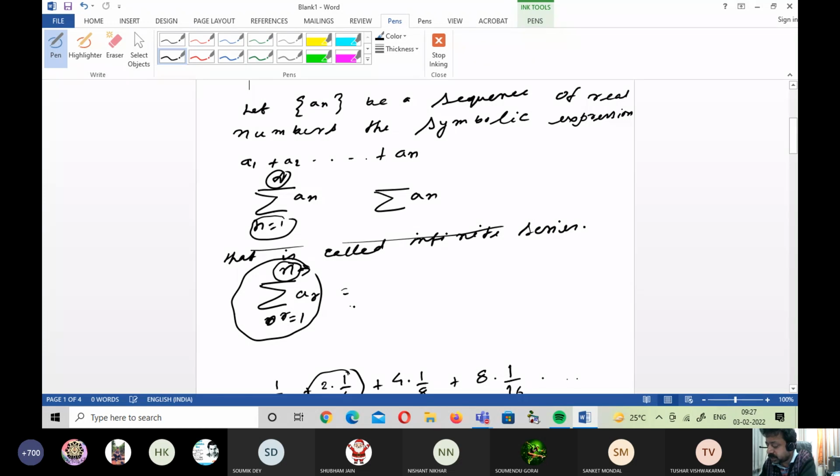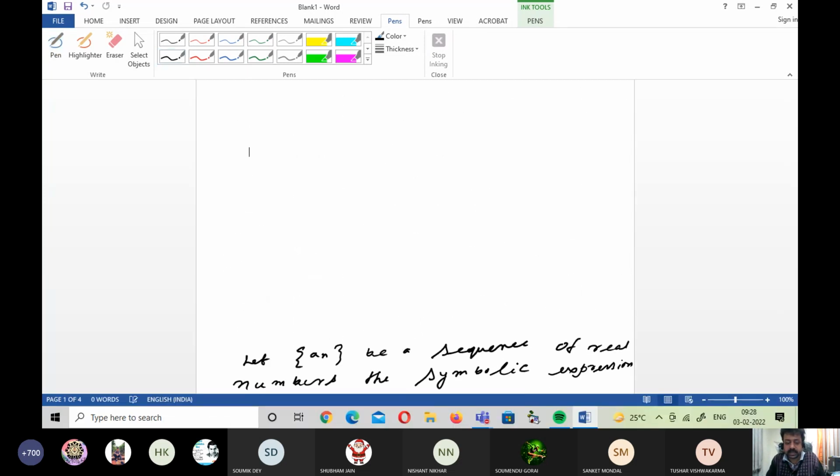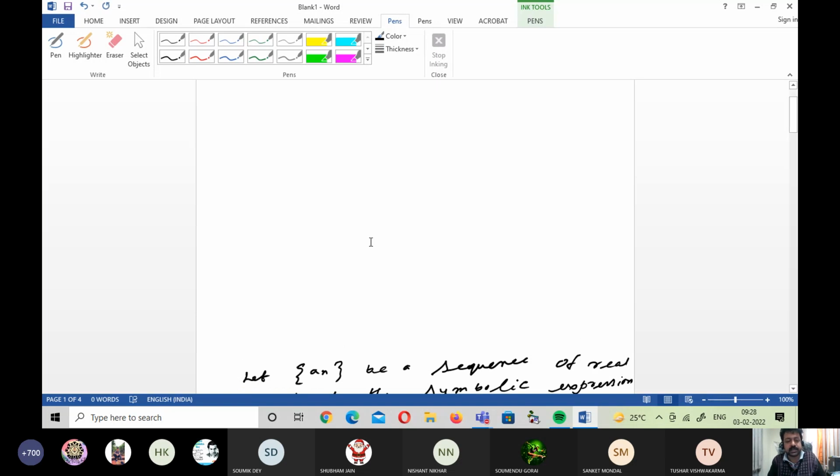Otherwise, this is known as a partial sum. All of you have written? Then you just write three things. One, if n is not equal to infinity, then it is a partial sum.